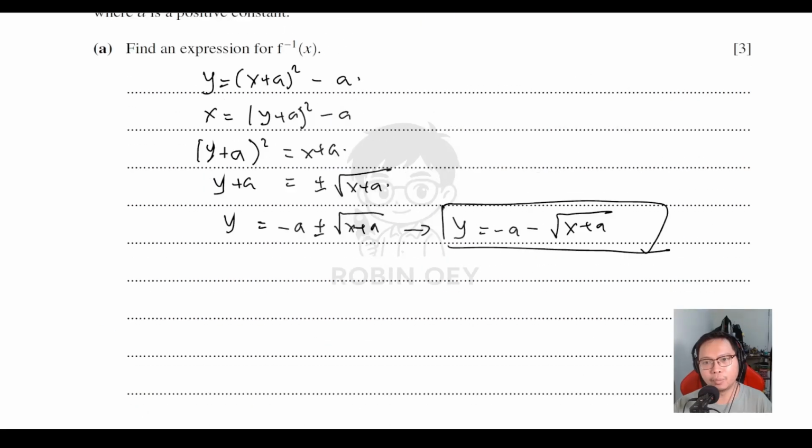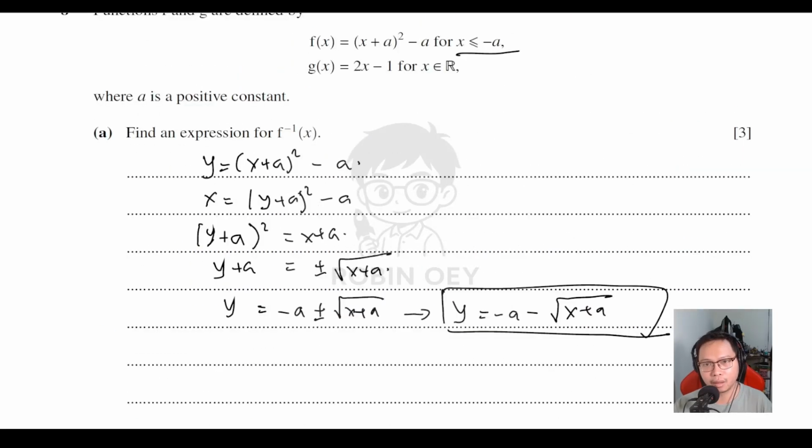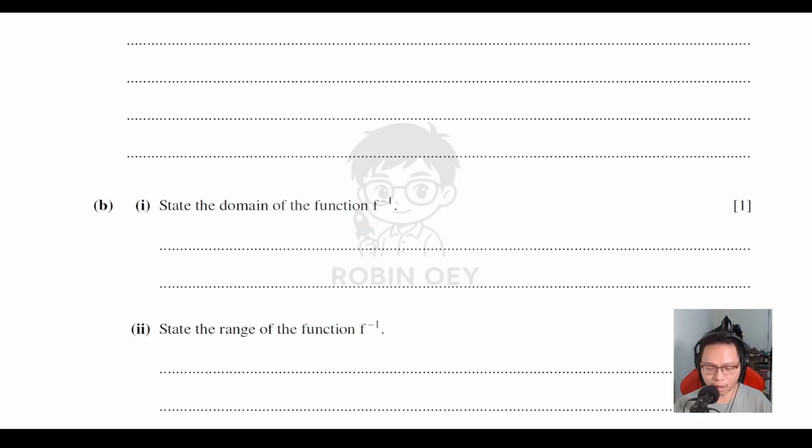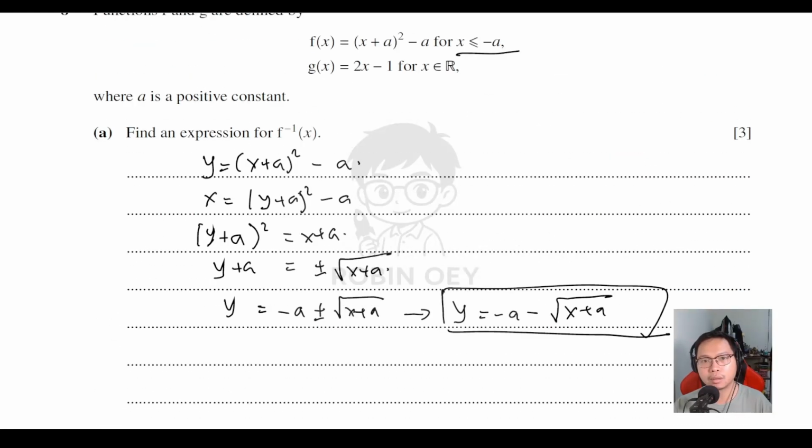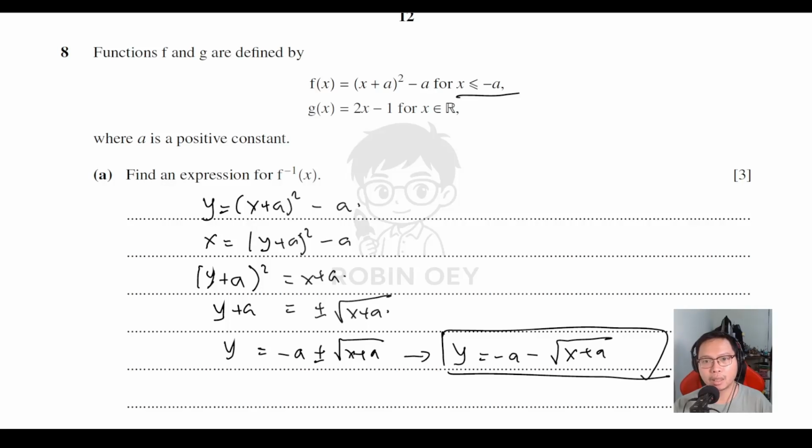Okay, now state the domain. The domain of the inverse would be the range of the main function. So if we check the range of the main function, we input that negative a.